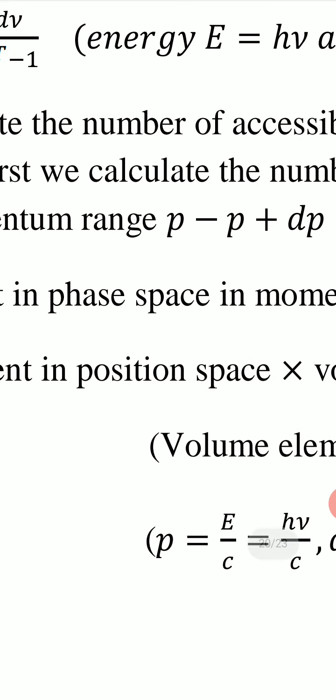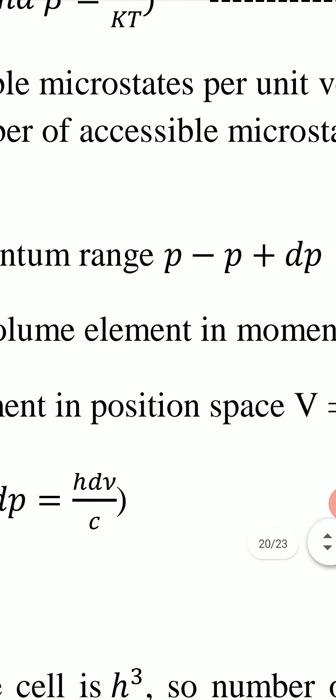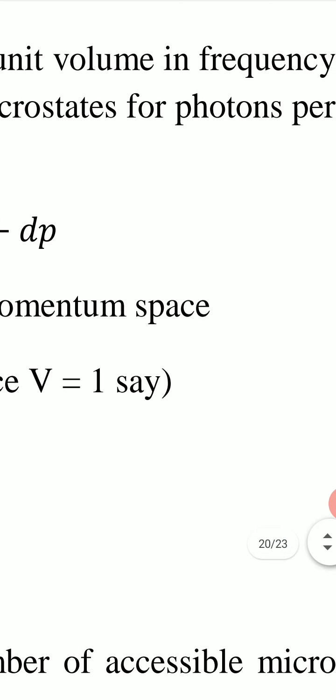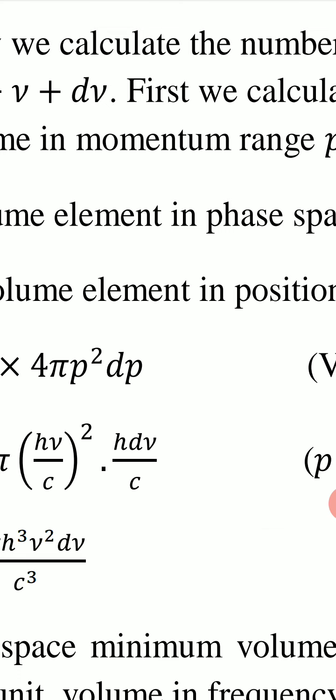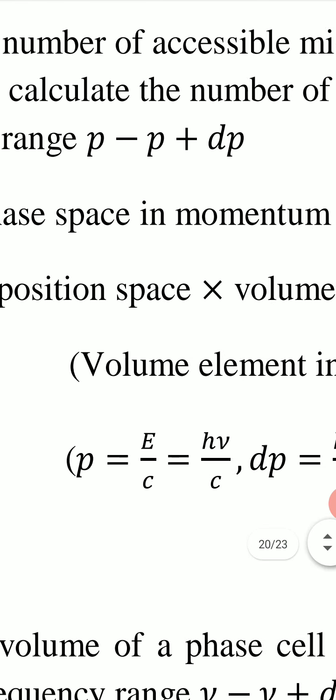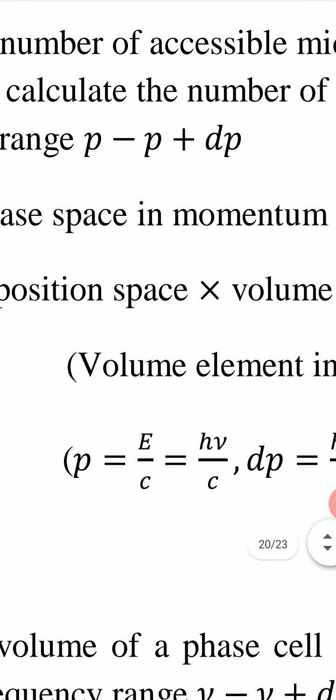For this, we calculate the number of accessible microstates for photons per unit volume in momentum range p to p plus dp. So we first consider the number of accessible microstates for photons in this momentum range p to p plus dp.